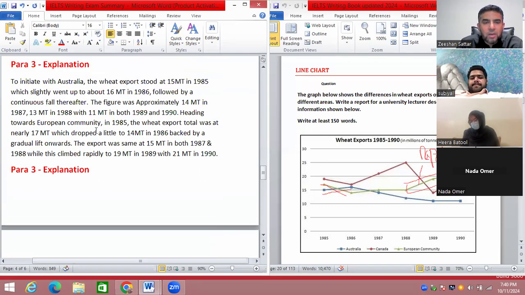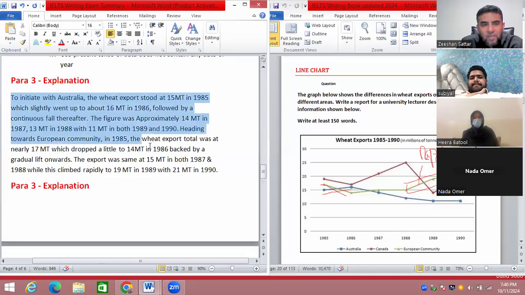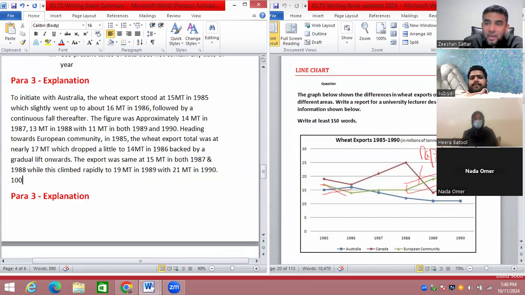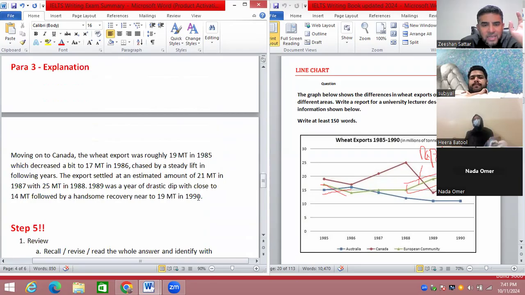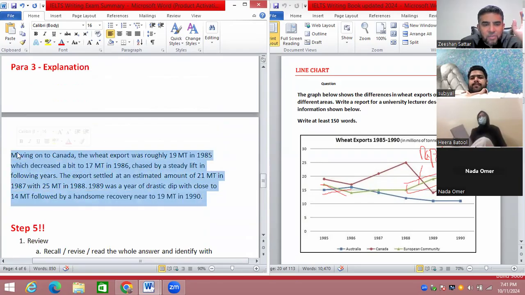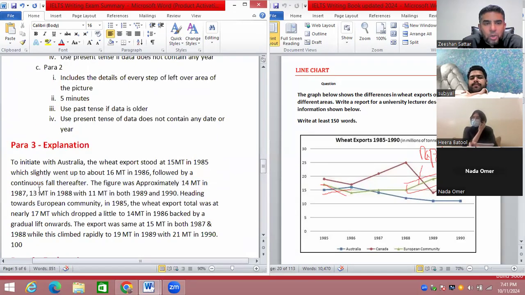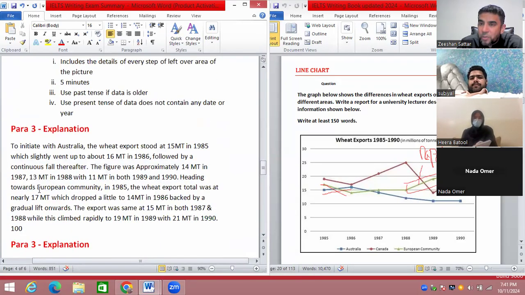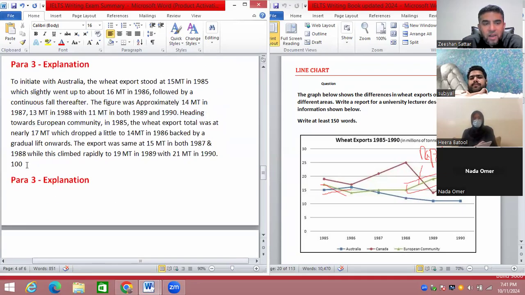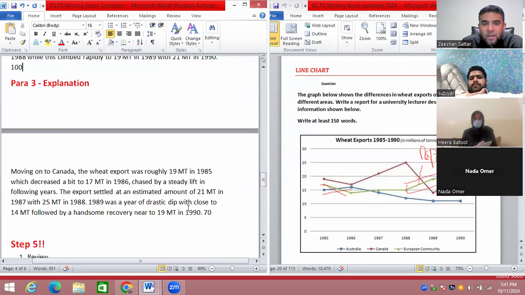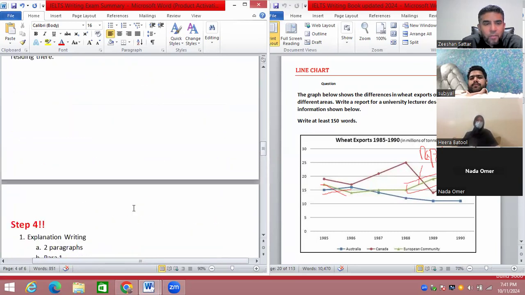If I talk about paragraph number 1 of the explanation, it has 103 words, and I told you in the introduction that this would be somewhat at 100. This is with a single variable, and this will be somewhat at 60 words, and this is of 70. So now if I count down the total words I have written for this question, these are 100 in paragraph number 3, 170 in paragraph number 4.